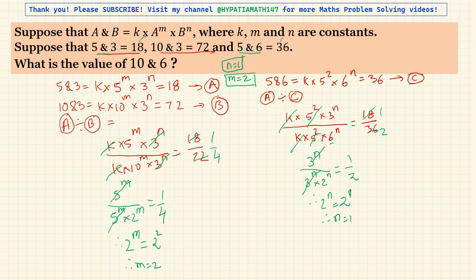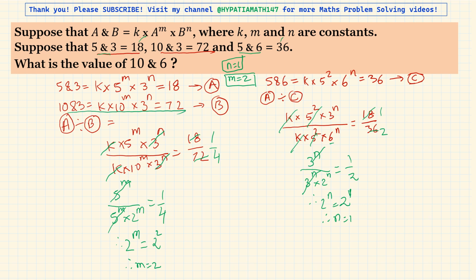So now we have to find the value of k. We can use these values in any one of the equations to get the value of k. So let's use it here.